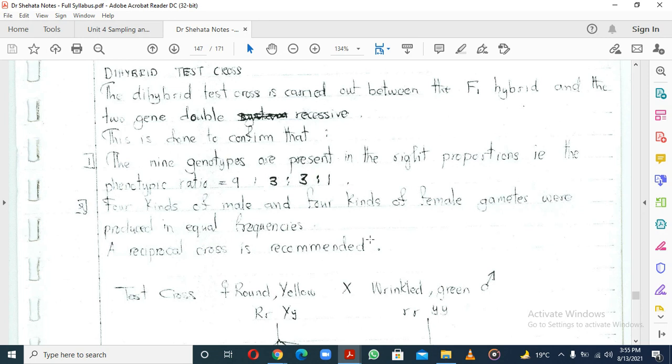So the dihybrid cross. So about the dihybrid cross, really, yeah. So it's carried out between the F1 hybrid and the two gene double recessive, right? So again, this is something that we discussed. So you do it with the F1 hybrid, okay, and you are basically crossing that with the double gene recessive.